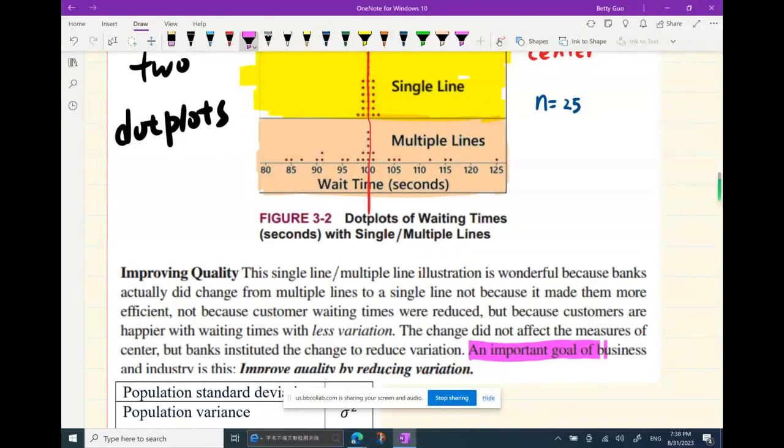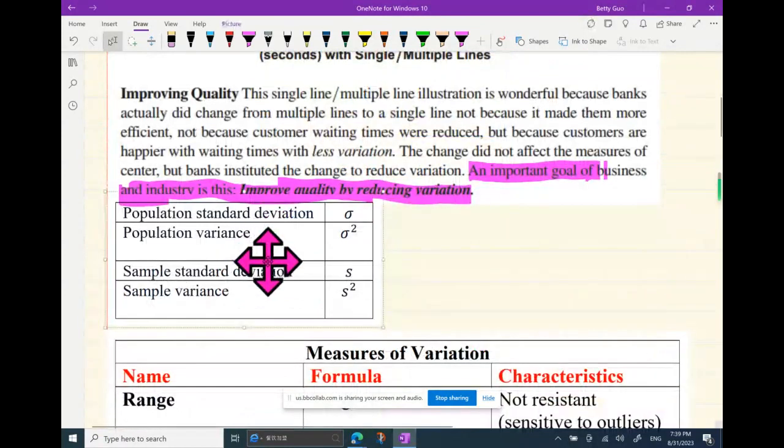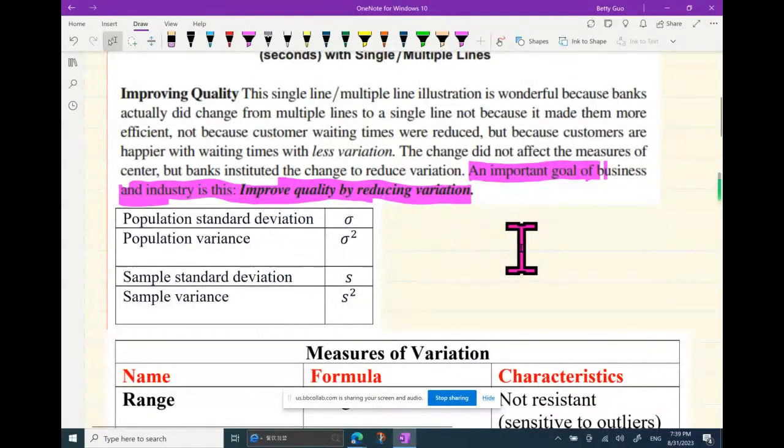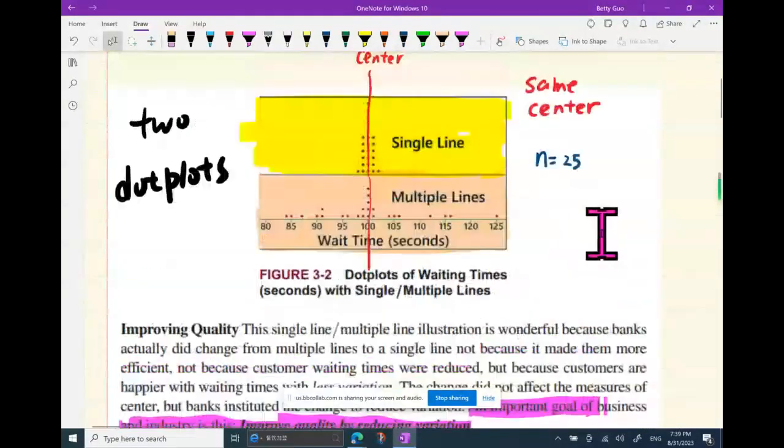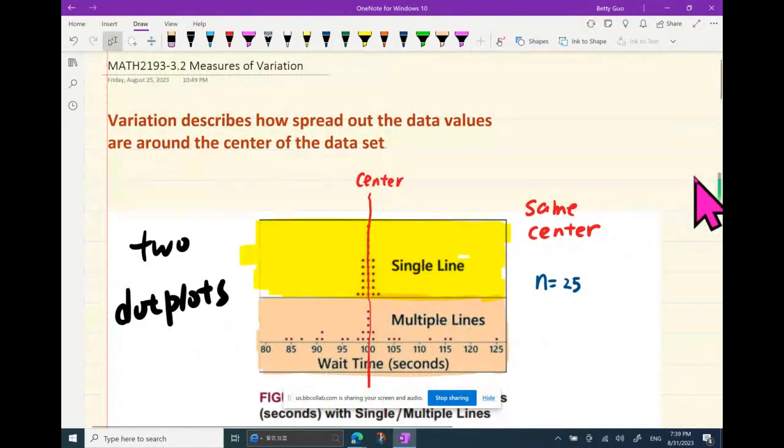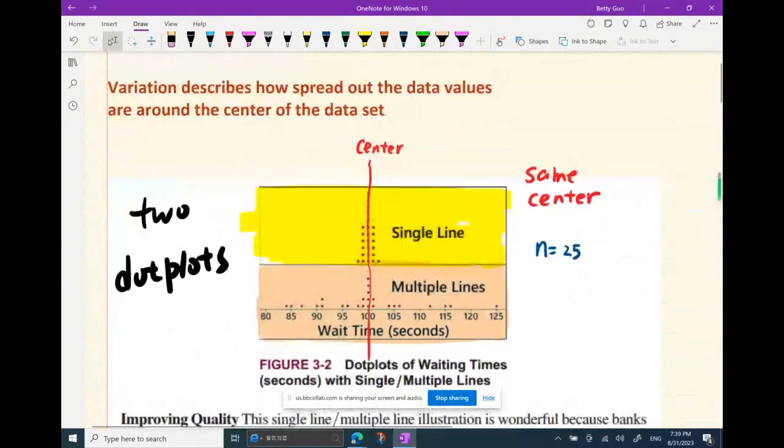An important goal of business and in industry is this: improve quality by reducing variation. Make your service more consistent. More consistent. Do you get the point from this example? Yeah. Do you understand what is a variation?